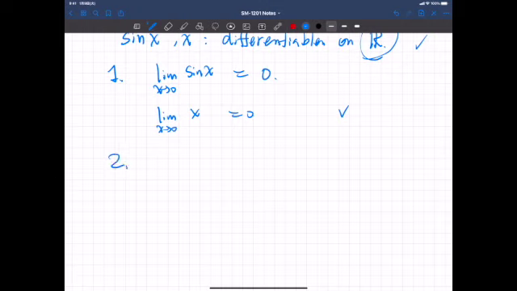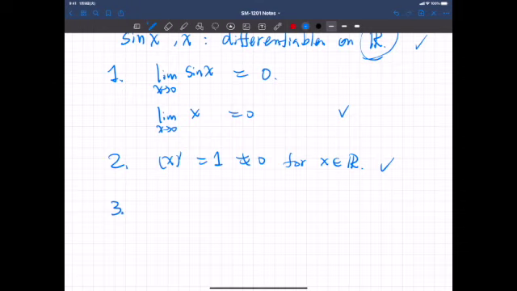And the second condition, the derivative of x is 1, which is not 0 for all real numbers. So the second condition is okay.